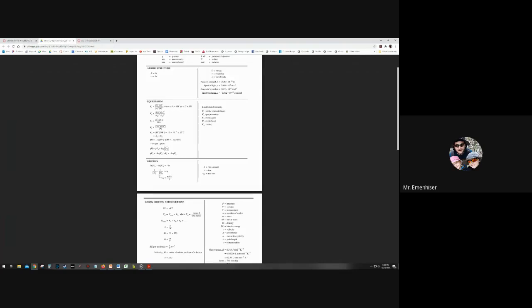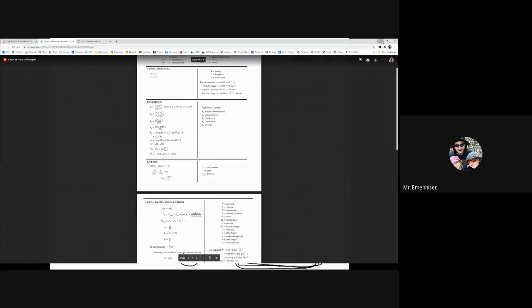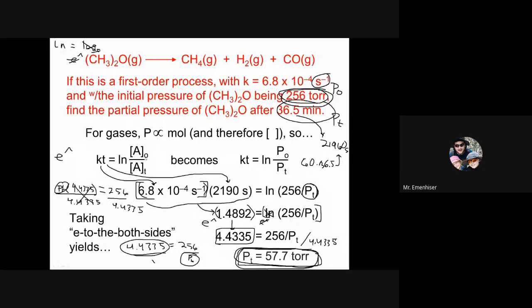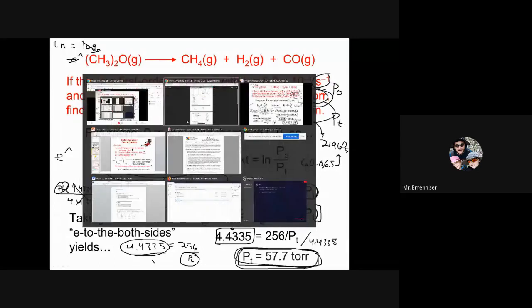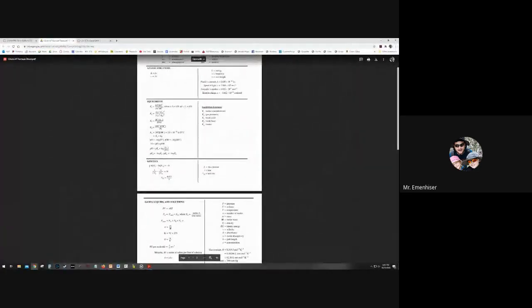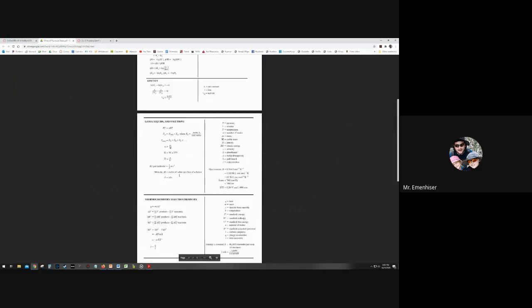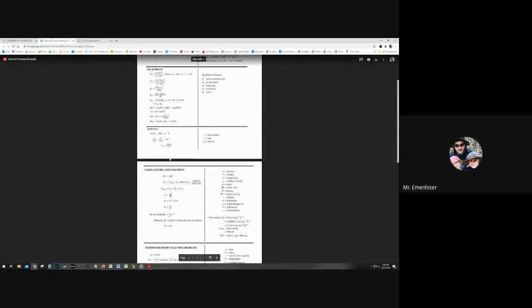So the equations are in here, though these are different forms of it. ln of A0 over At, so that's first order. I think it's the same one as this one right here. This is first order. This is second order. Looks like it's not giving us the zero order. That's interesting, it's the only two we got. And then this is the half-life equation.